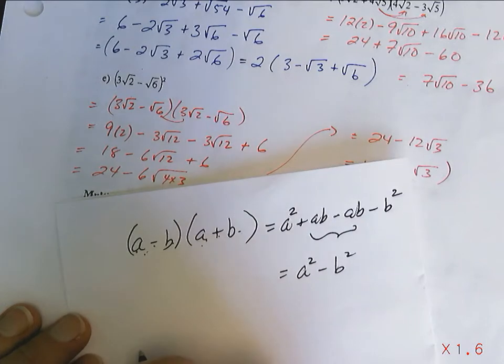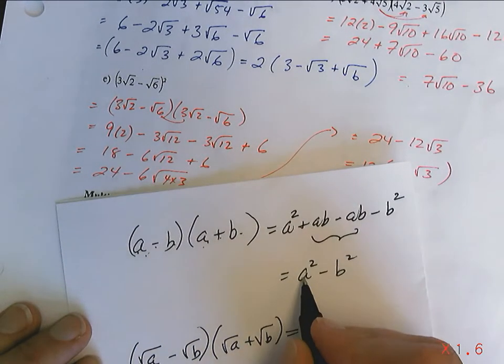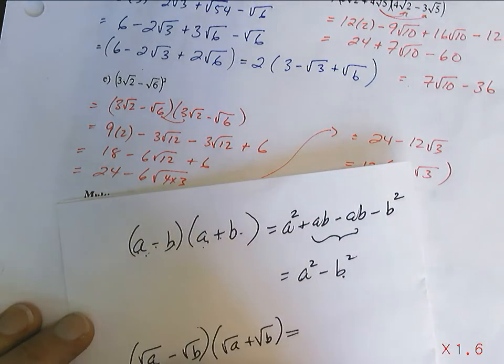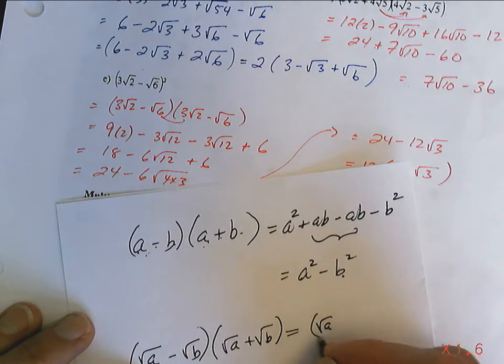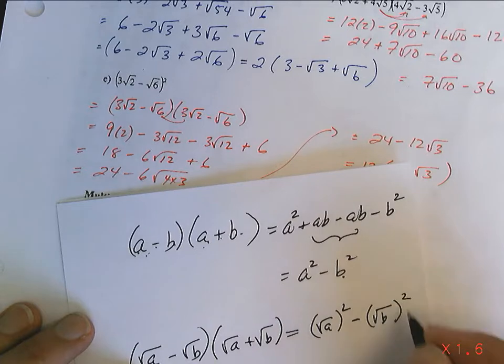If I start off with root a minus root b, and I multiply it by root a plus root b, I'm going to get a squared minus b squared, which is the first term squared minus the second term squared.